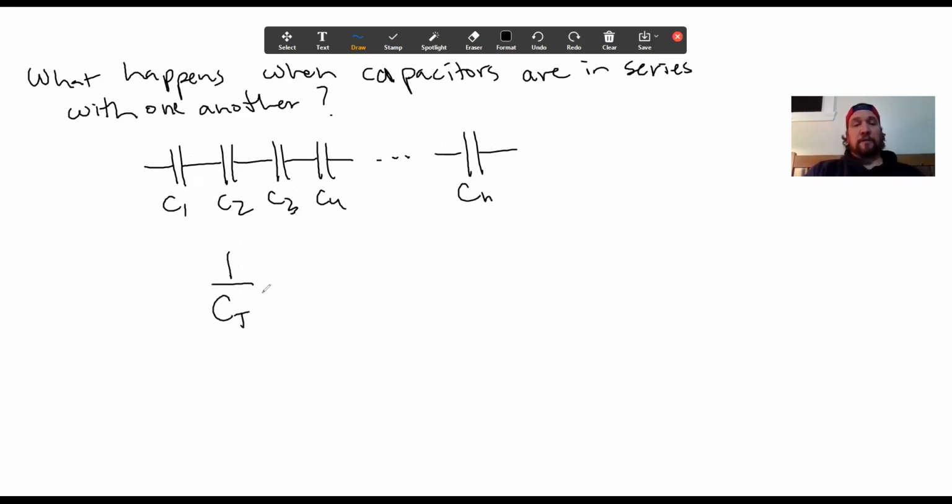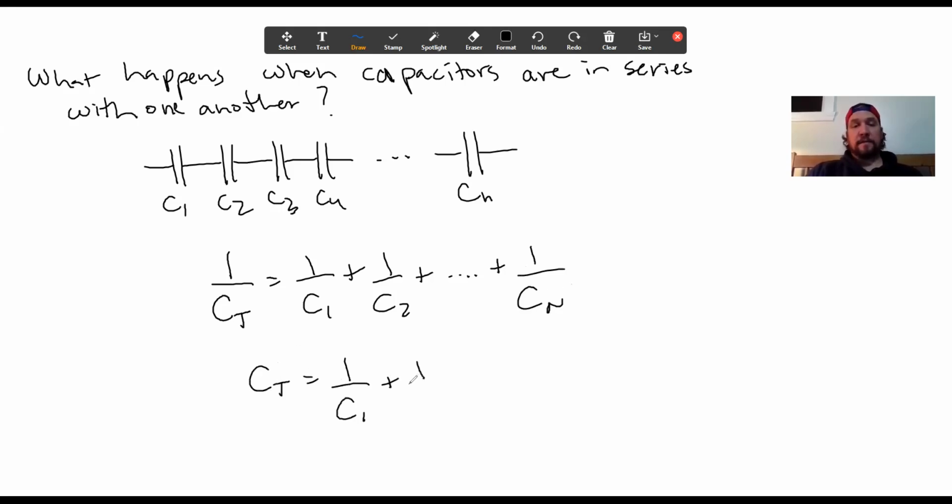So you do 1 over Ct equals 1 over C1 plus 1 over C2 plus however many you have, up to 1 over Cn. So Ct, or C total, is all that to the minus 1, all right? So even though they're in series, they add up like parallel resistors.